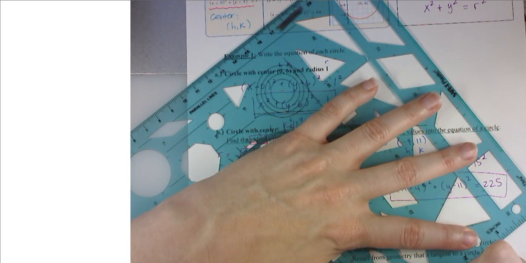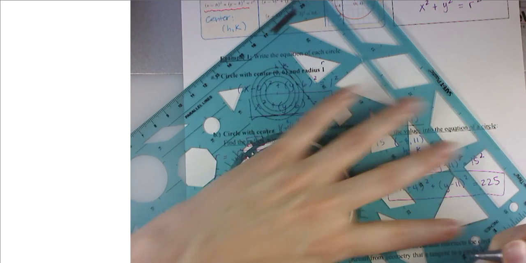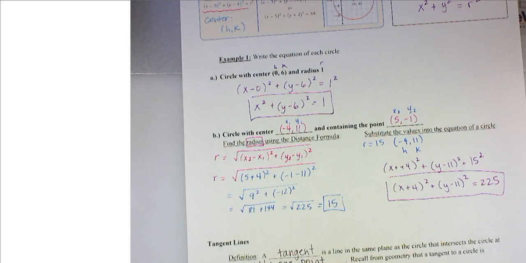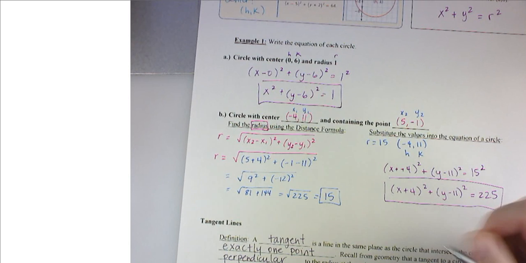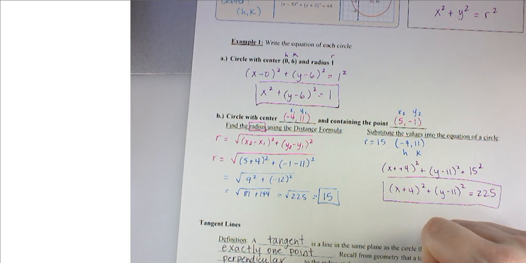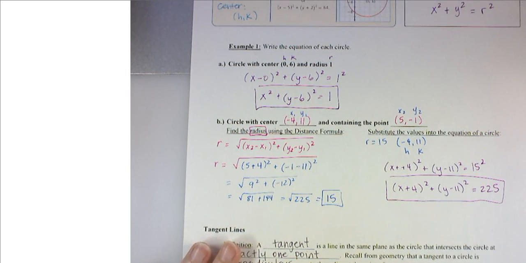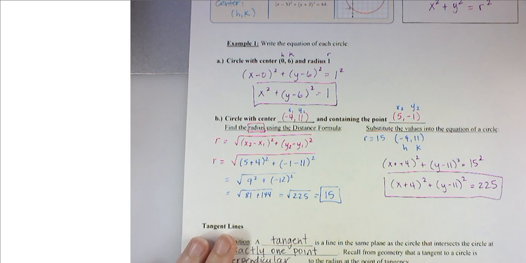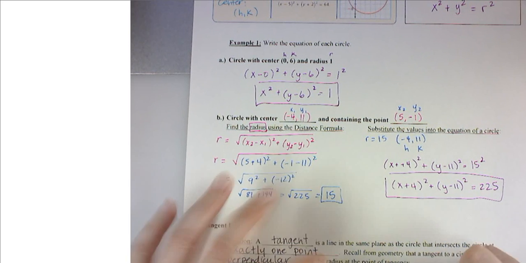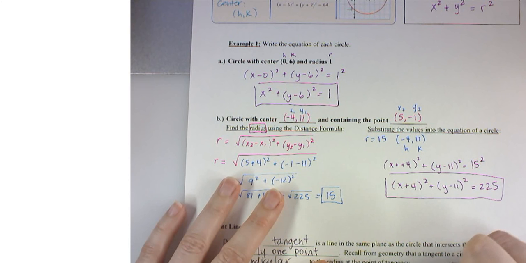So here's the radius and then the point of tangency. These two are going to be perpendicular to each other. Okay, so this is your radius, and this is your tangent line. All right, and then we're going to go on to page 2.